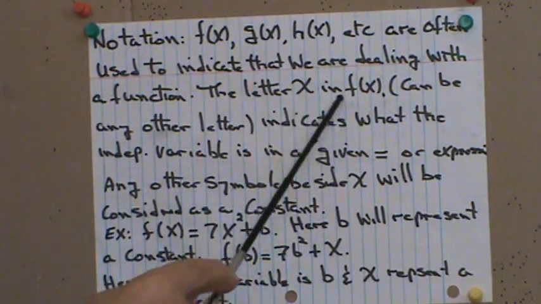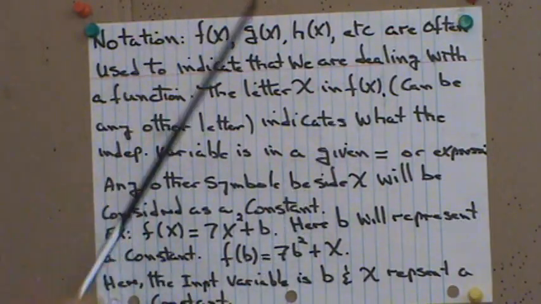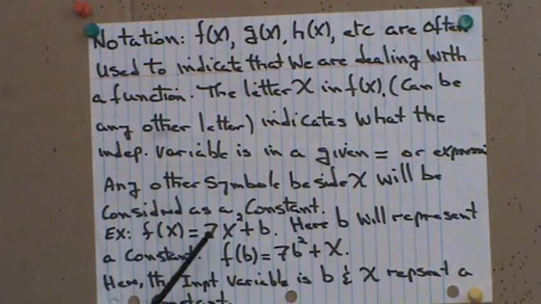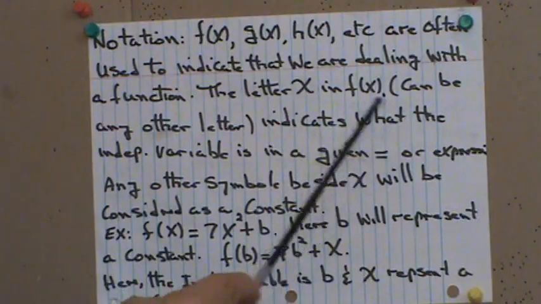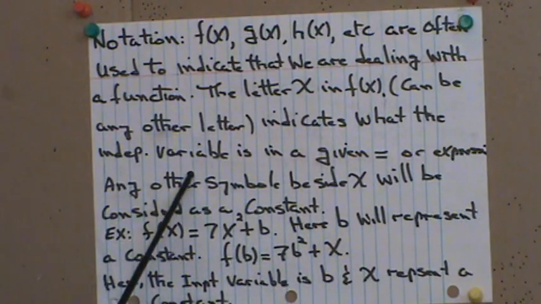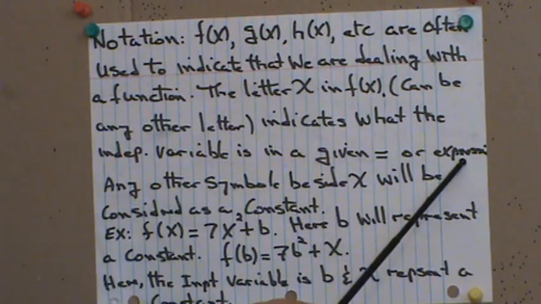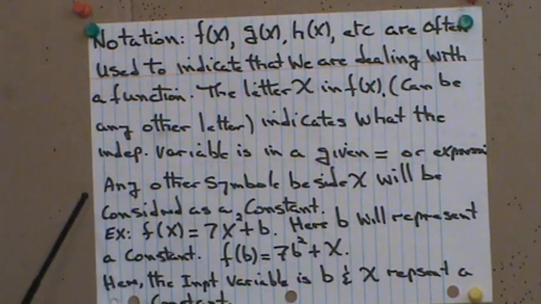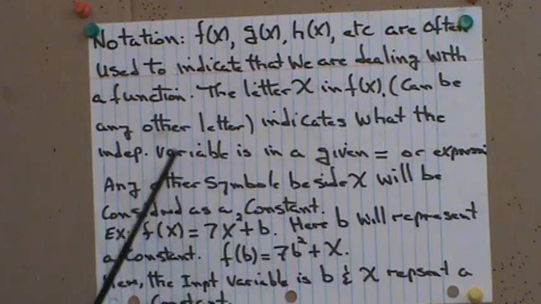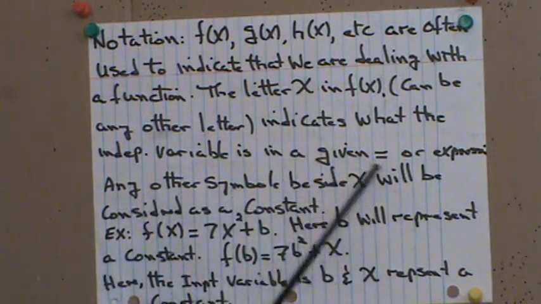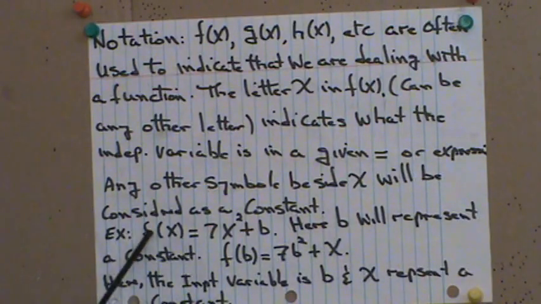Now the letter x in f of x can be any other letter or any other symbol, and in fact indicates that the independent variable in the given equality or in the given expression, or any other symbol that we use in that case besides x, they all have this meaning, will be considered as a variable for the function.